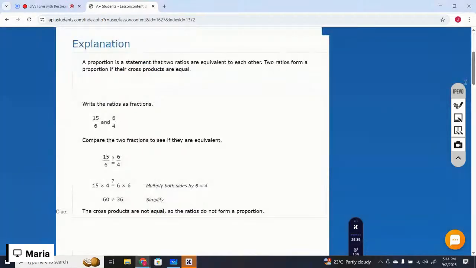Just cross multiply them. 15 times 4 is 60 and 6 times 6 is 36. So 60 and 36. The cross products are not equal. That means the ratios do not form a proportion.